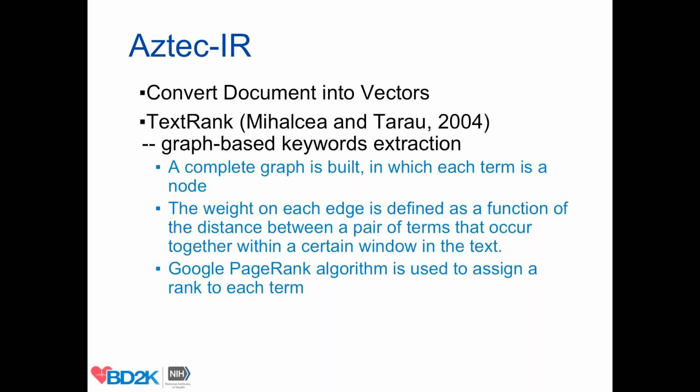The weight of each edge depends on the distance between pairs of words that occur together within a certain window. And the Google PageRank algorithm is also used to assign a rank to each word. In this way, a keyword that better represents the content of the document will get a higher weight, regardless of its frequency. Lastly, the importance of each word is defined as the elements of each document vector.